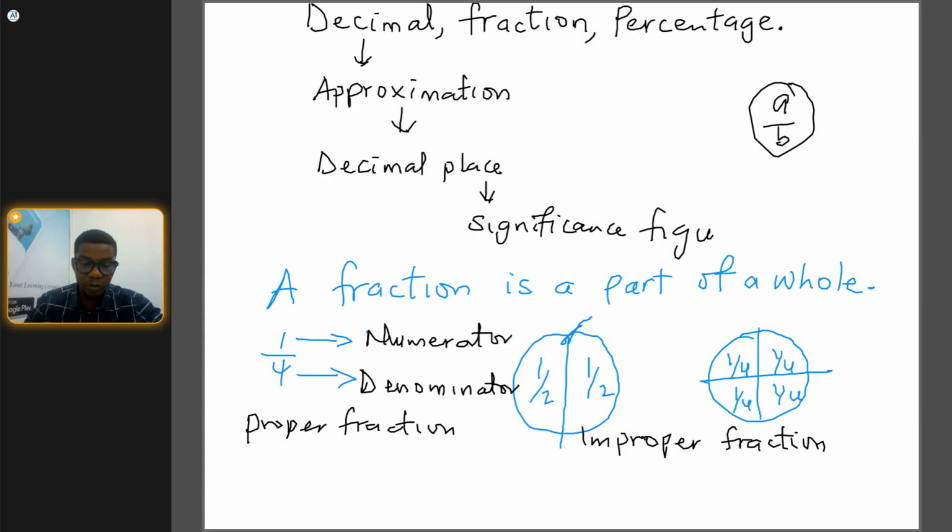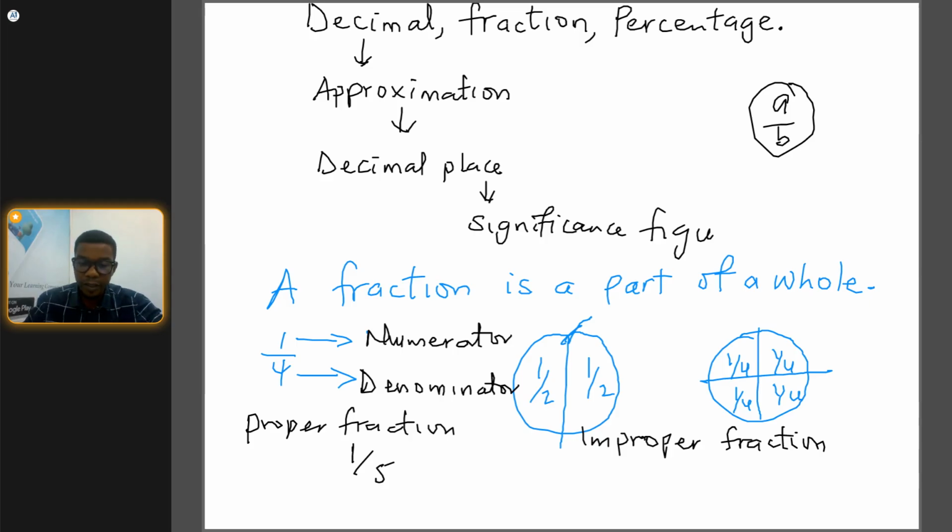We have 1 over 5. A proper fraction is a fraction where the numerator is lesser than the denominator. Take note, the numerator is lesser than the denominator. The improper fraction is the opposite of a proper fraction.